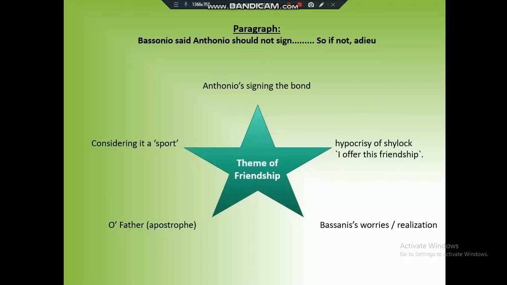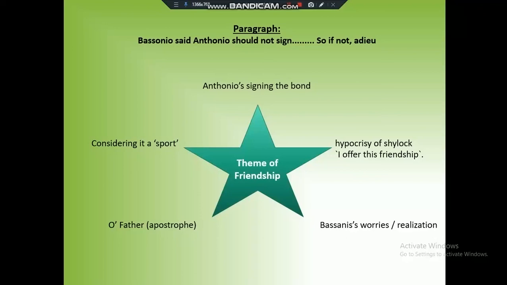He says, "I offer my friendship to you. I want to have your love." Here he says, "I offer this friendship again to you," which means he wants to present himself as a good friend, as a good person, though Antonio and Bassanio both are aware of the hypocrisy of the character of Shylock. So this paragraph explains the theme of friendship, how a friend is going to sacrifice everything for the other friend.